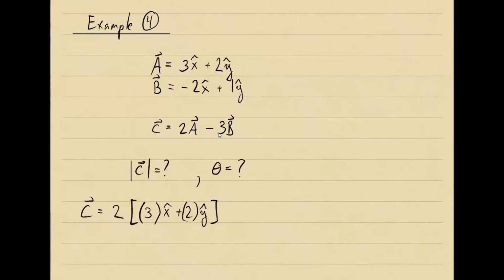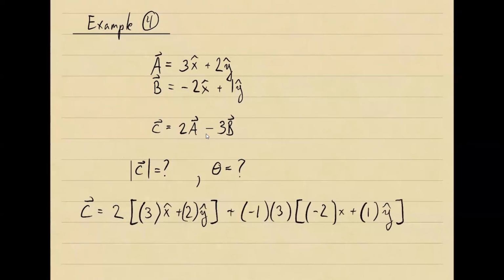And then we have minus 3 times B, but we can turn that minus sign into a plus, so it's plus negative 1 times 3 times the vector B. The vector B is minus 2 in the x direction plus 1 in the y direction.